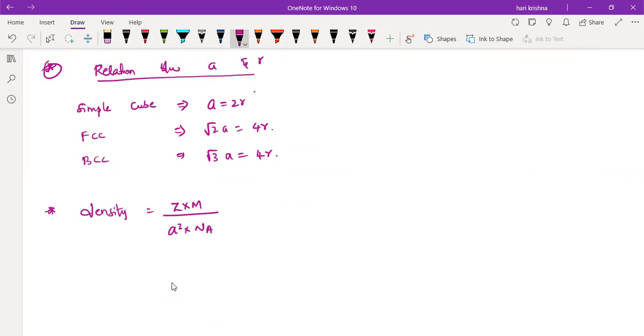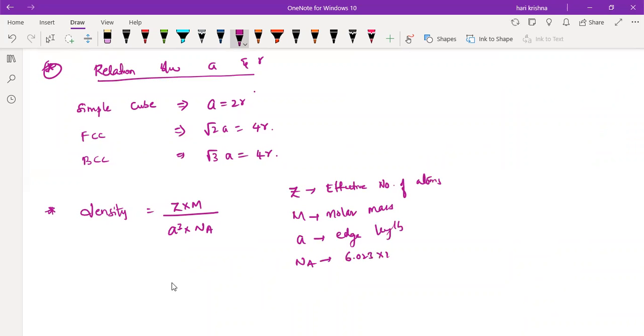That is the density formula, where Z is the effective number of atoms, M is the molar mass, A is the edge length, and NA is the Avogadro constant, that is 6.023 into 10^23.